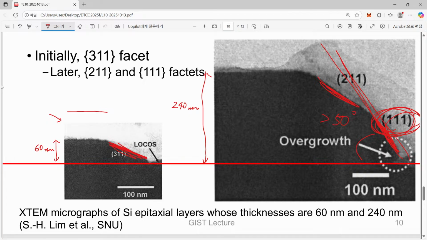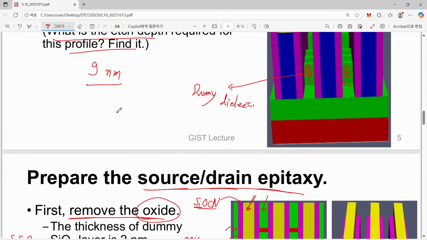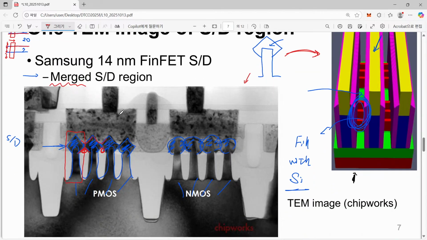Then why do we have this kind of quite characteristic surface for this silicon growth? That is directly related with the final shape of our FinFET source and drain.